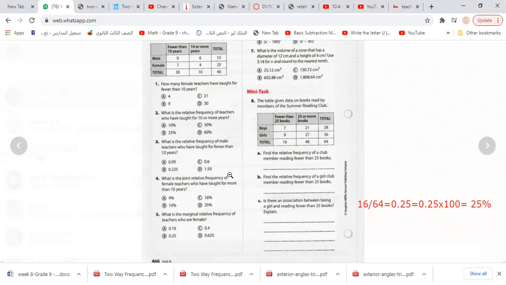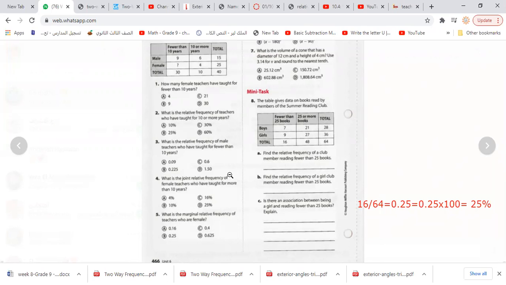At the beginning, when we calculated the total number of members reading fewer than 25, what was the percent? 25%, right? And when we calculate with the girls, it's 25%. Is there any association? There is no association because both of them are the same.